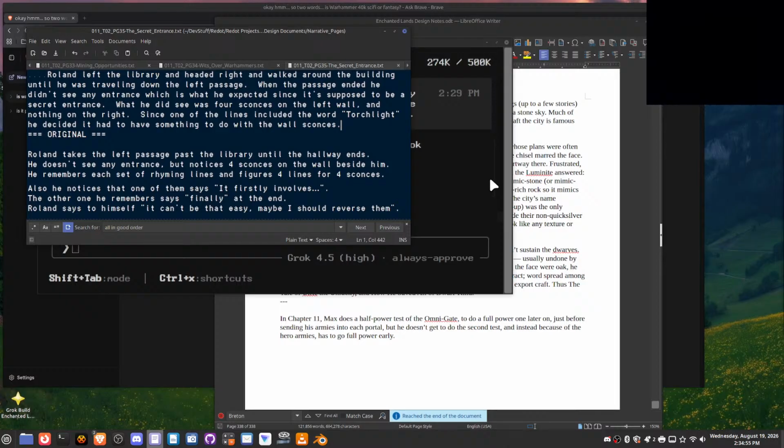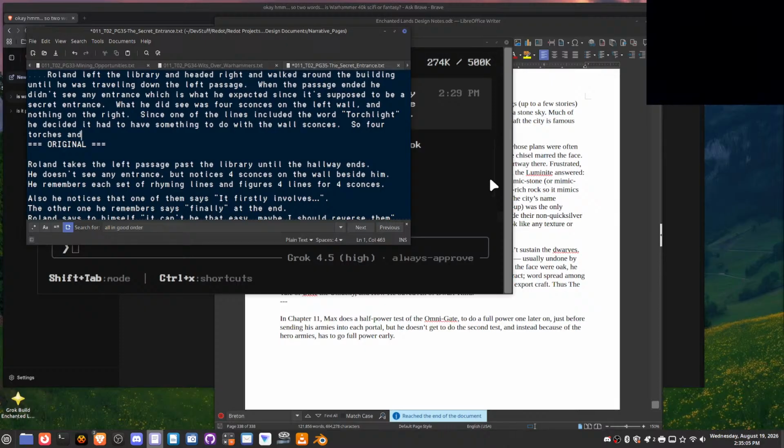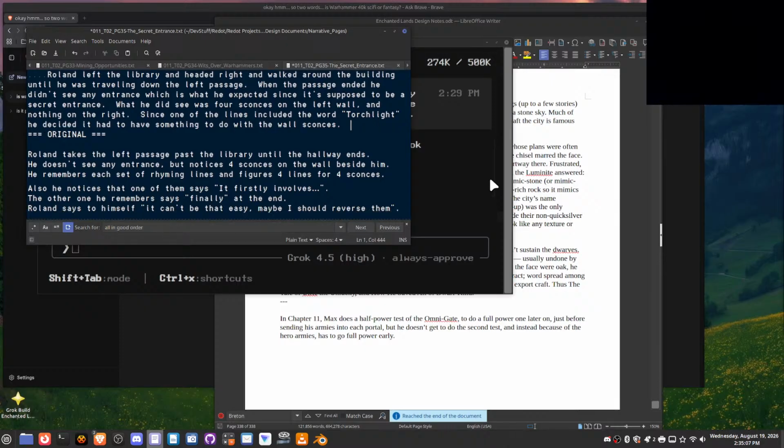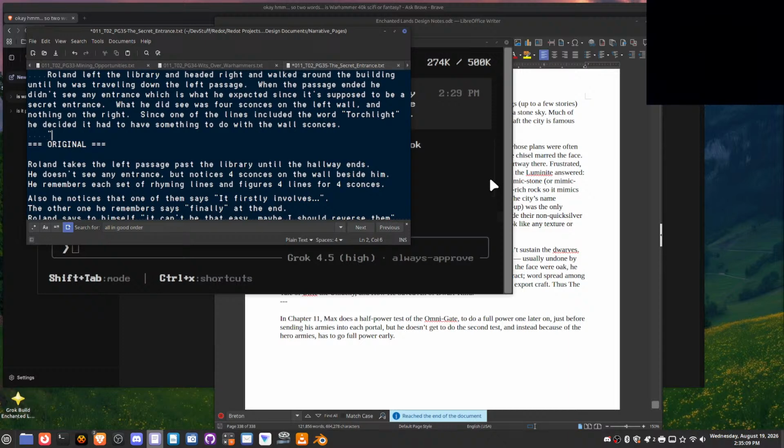So 4 torches, and so we have 4 lines of the poem.